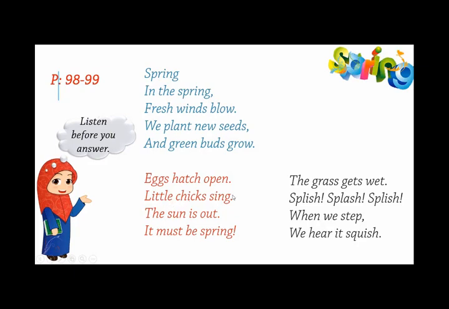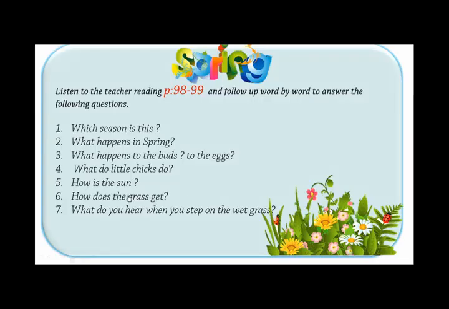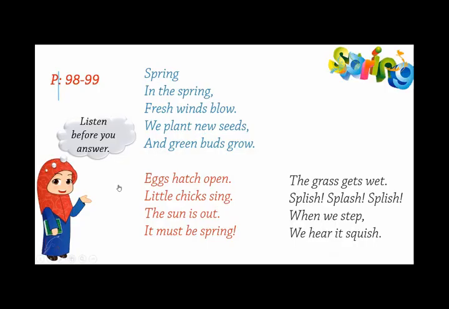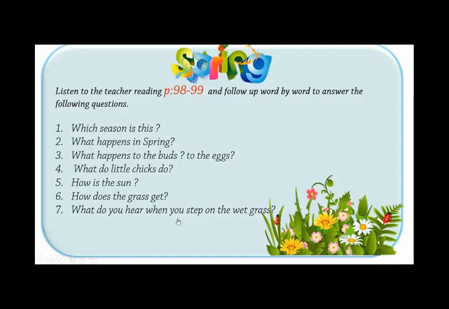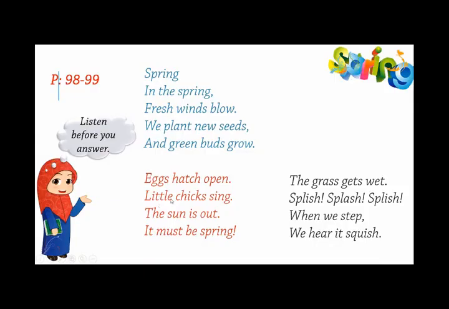I bet you all did it correctly. 5. How is the sun? The sun is out. Very nice. 6. How does the grass get? And the answer goes in the last paragraph. The grass gets wet. Brilliant.